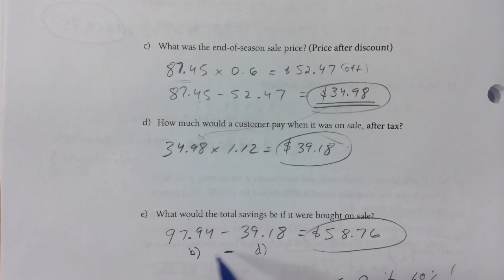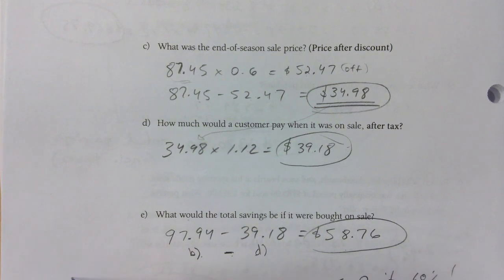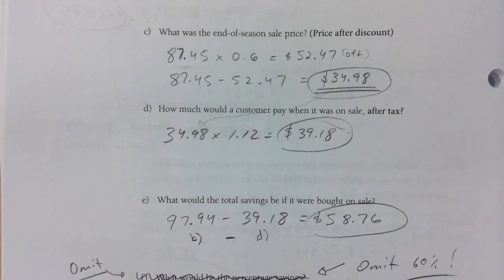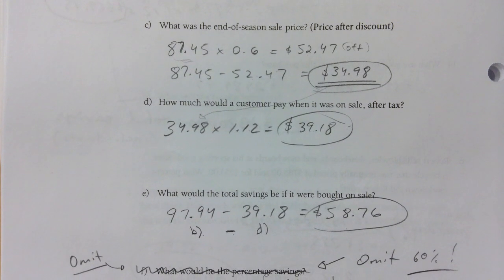So B minus D gives you 58.76. And F, I want you to omit because they already told you it's 60%. So just don't worry about F there. Omit it. Even if you did the math, you would find that it is 60%. So it's not like there's any secret there.